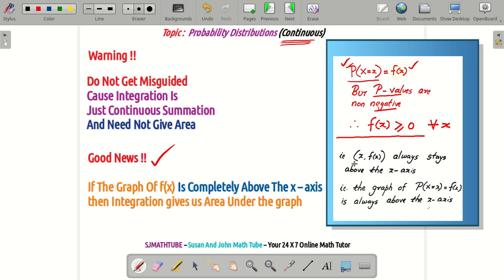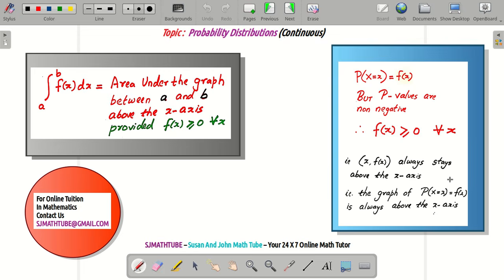That means (x, f(x)) is always above the x-axis. So what I'm trying to conclude is, the graph of any probability distribution function will always be above the x-axis.